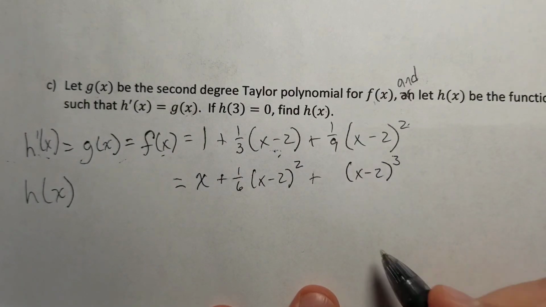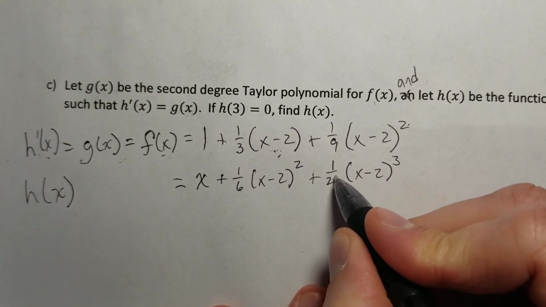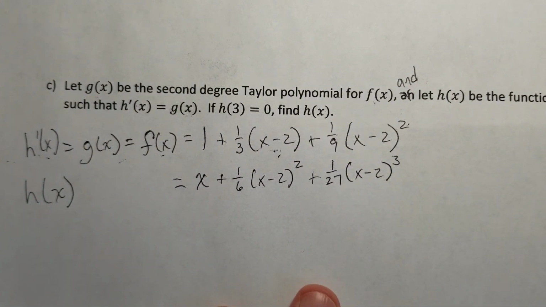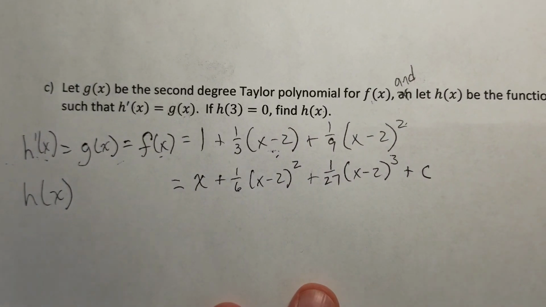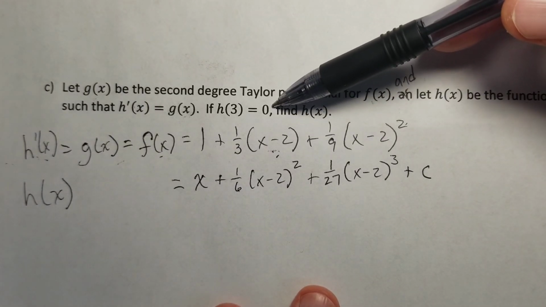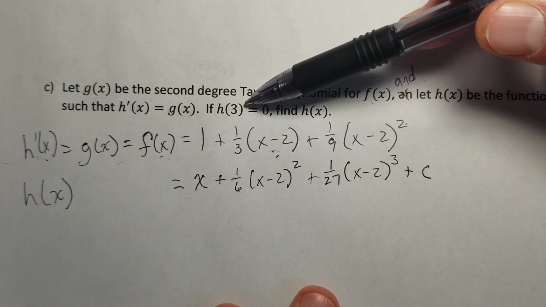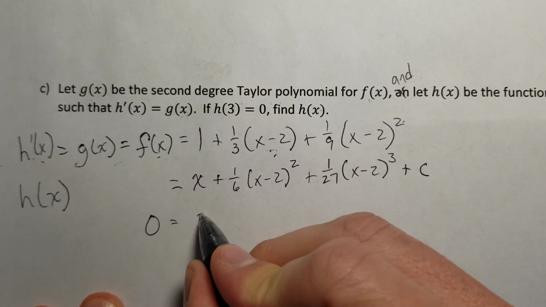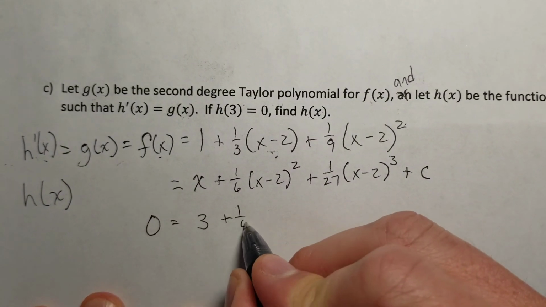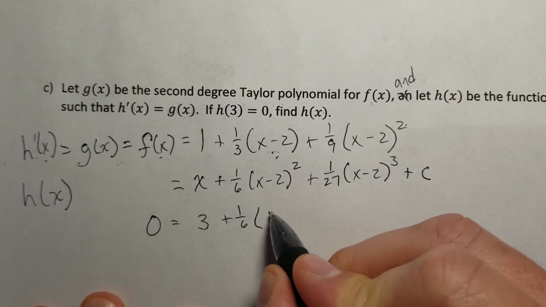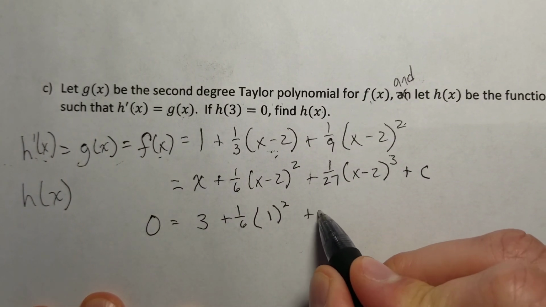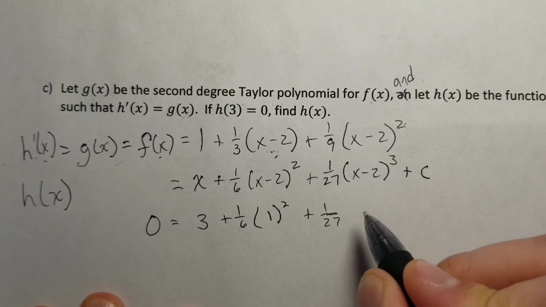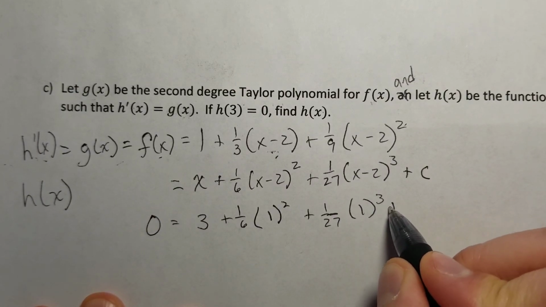Dividing by the new exponent is like multiplying by 1/3, so plus 1/27. Plus some constant, because we're taking an antiderivative. Now, that's where the initial value is. We can plug in 3 for x and 0 for the output. So 0 equals 3 plus 1/6 times, I think 3 minus 2 is 1 squared, plus 1/27 times 1 cubed plus c.